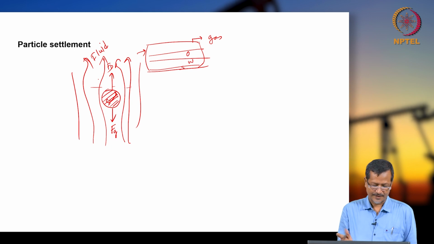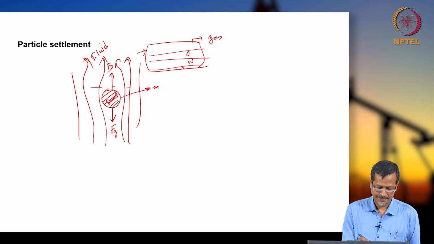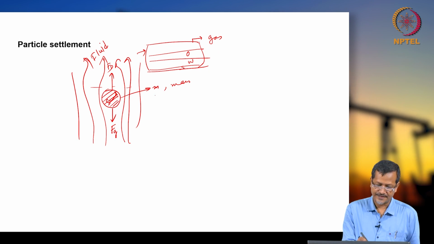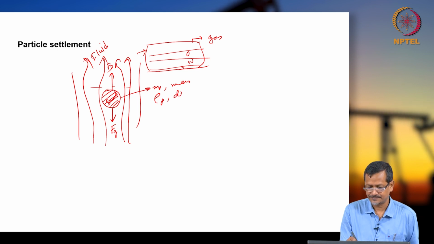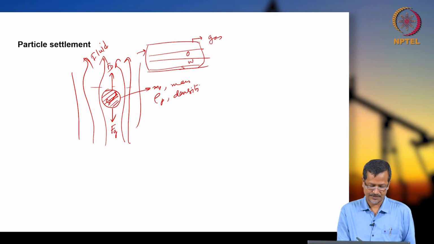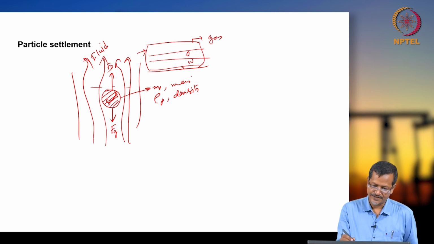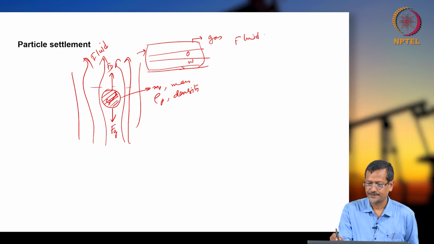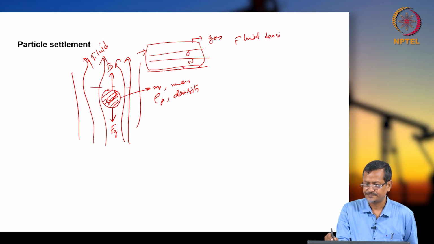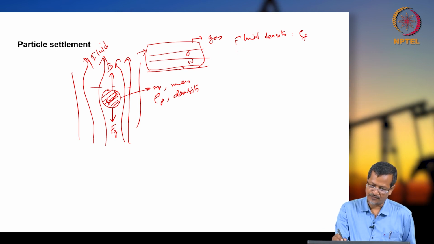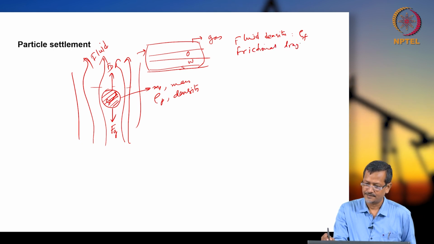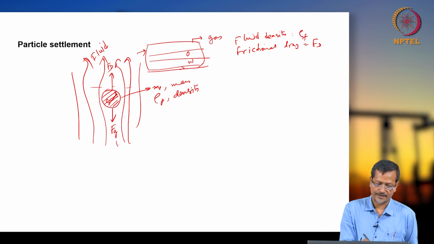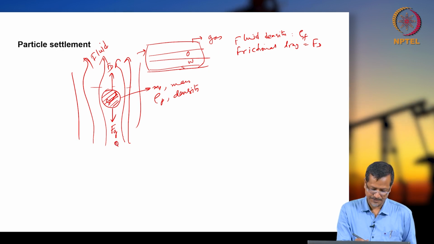Now the mass of the particle is mp, with particle density rho p, and fluid density rho f. Frictional drag force Fd I have already given, and Fg is the particle gravitational force.